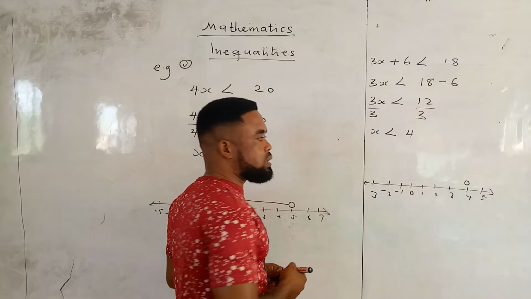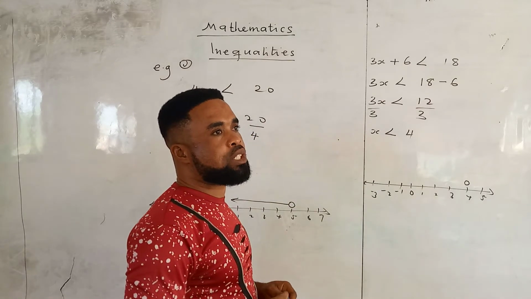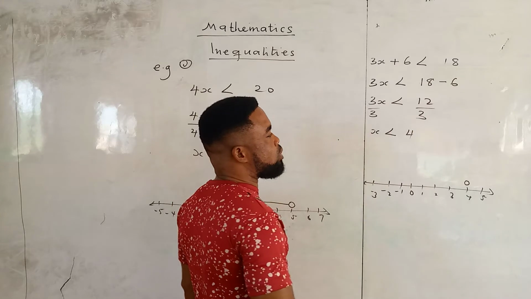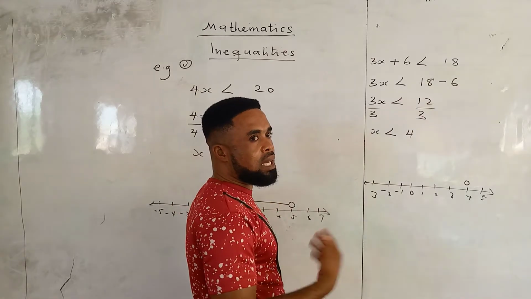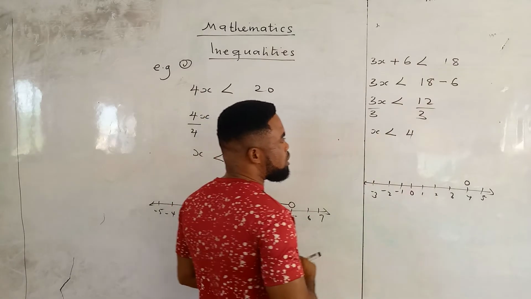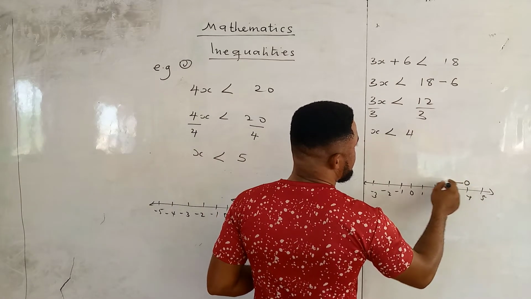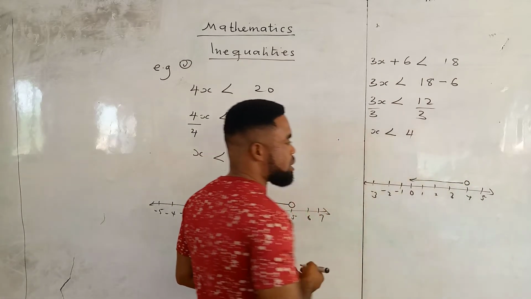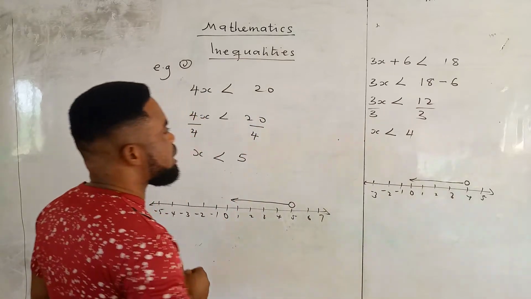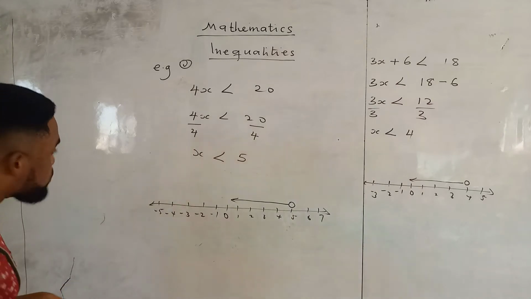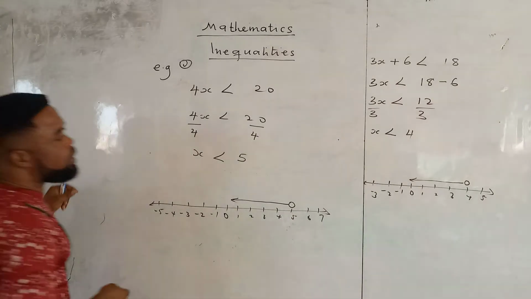You draw a circle on it, meaning that the 4 is not part, because we said that x is less than 4. Meaning all the elements of x are less than 4 in this problem. So you draw your number line towards that direction, meaning that x is less than 4. Good. So now we shall take our third example.